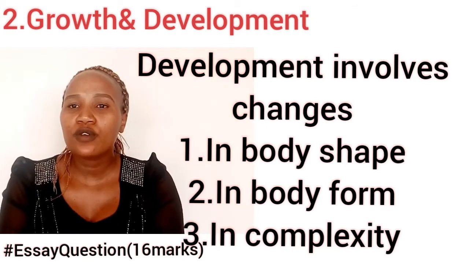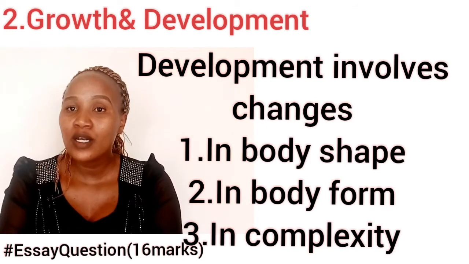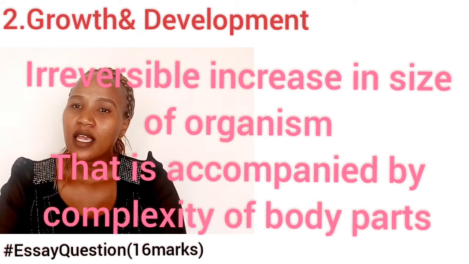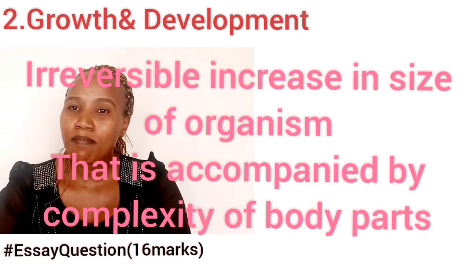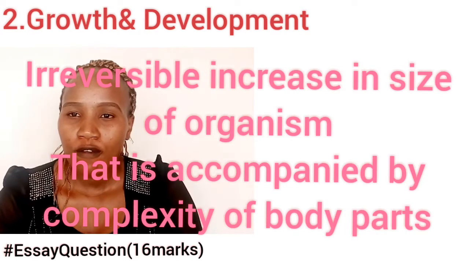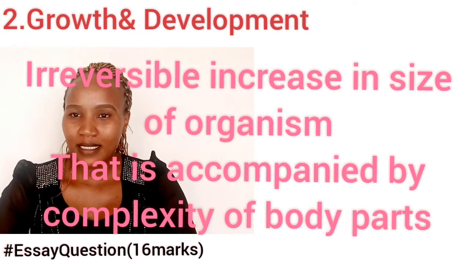But when we talk of growth and development as a characteristic, we are talking of an irreversible increase in the size of an organism that is accompanied by complexity of body parts.